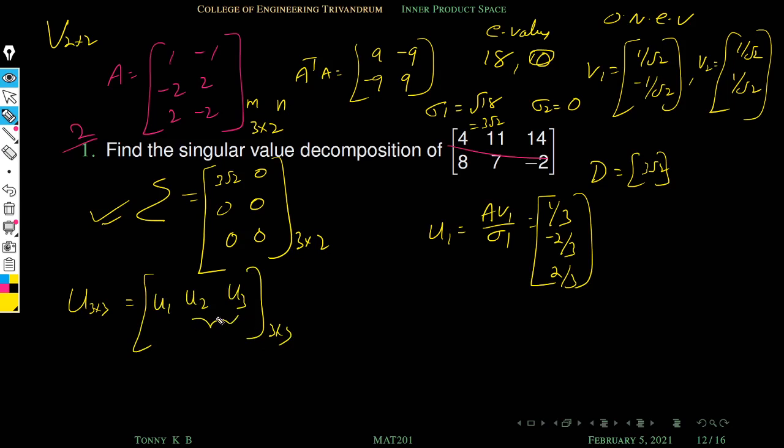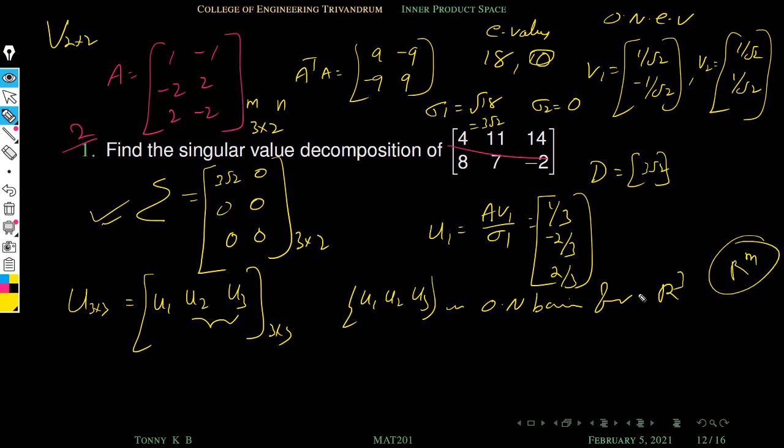And how to construct U2 and U3? The procedure is this: the set U1, U2, U3 is an orthonormal basis for R3, in general R^M. Here M is 3, so R3.